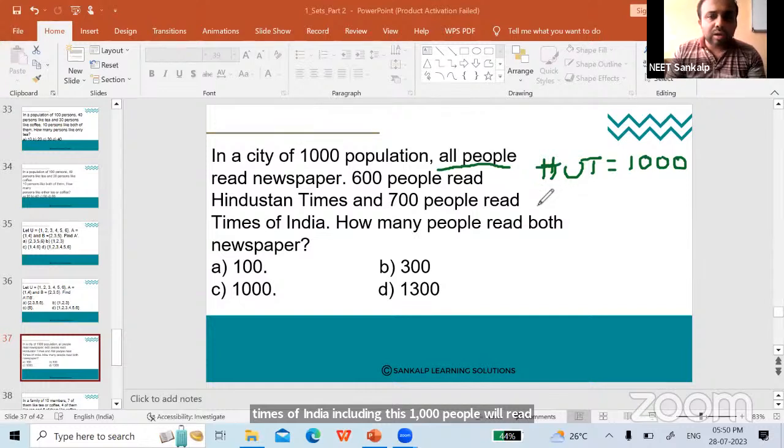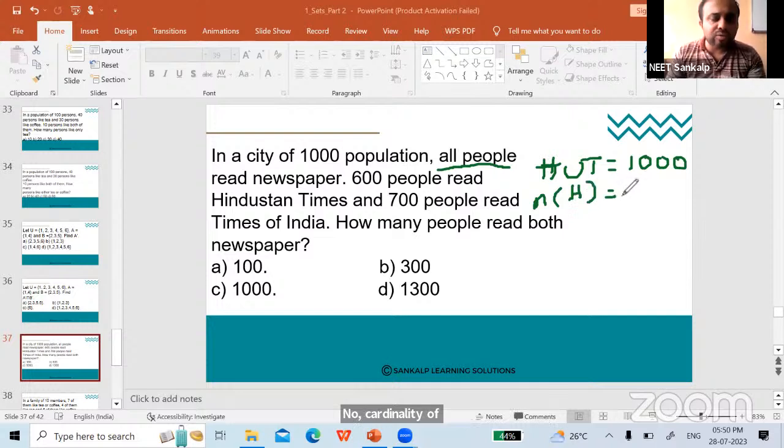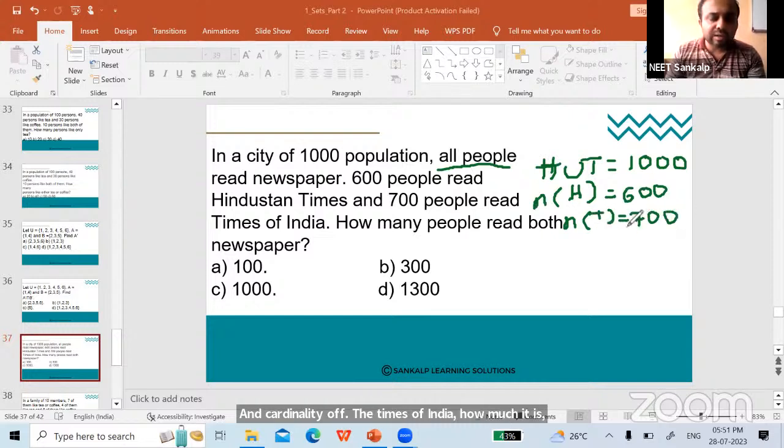Now, cardinality of Hindustan Times, how much is mentioned? It is clearly mentioned that 600 people will read. And cardinality of Times of India is given as 700. Is that clear? What they are asking is how many people read both newspapers.